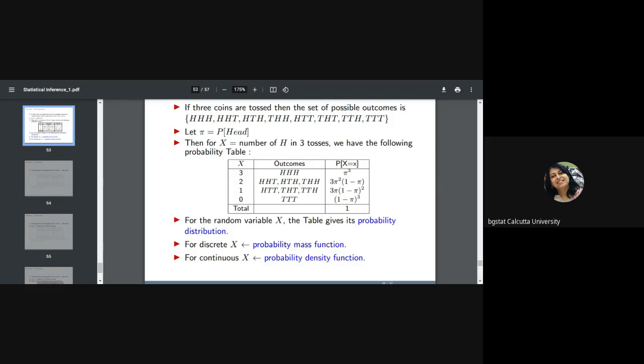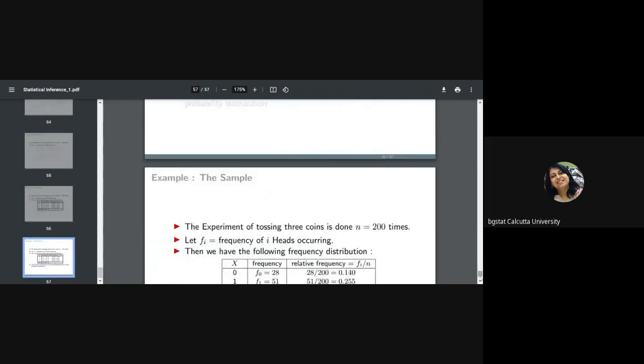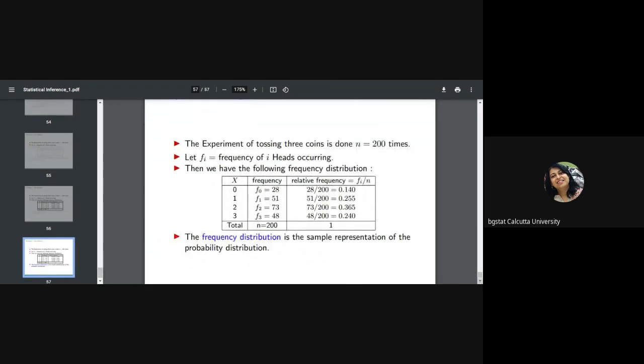So suppose I don't know pi, then the best thing I can do is to do an experiment of this sort and observe how many times I have each of these outcomes, 0, 1, 2, 3. So as compared to my previous slide, this is based on my sample. So in the previous slide, we had probability.